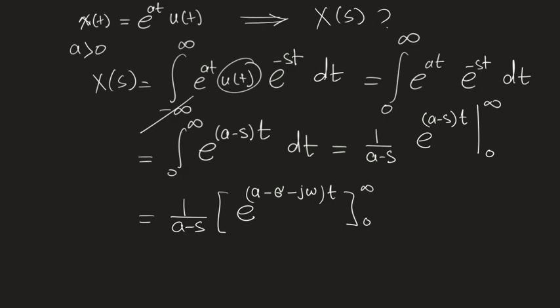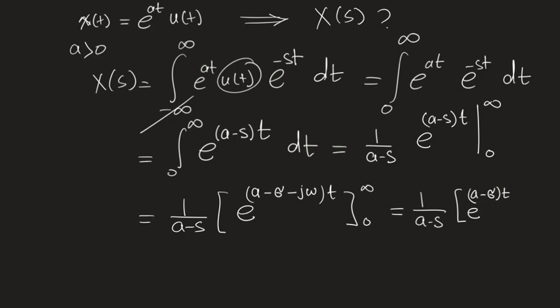The 0 case, anyways, we will leave it as is until we get to the point of evaluation, which is equal to 1 over a minus s, and then inside, the real part is a minus sigma multiplied by t, and this is e to the power. This is real and this is real, right?